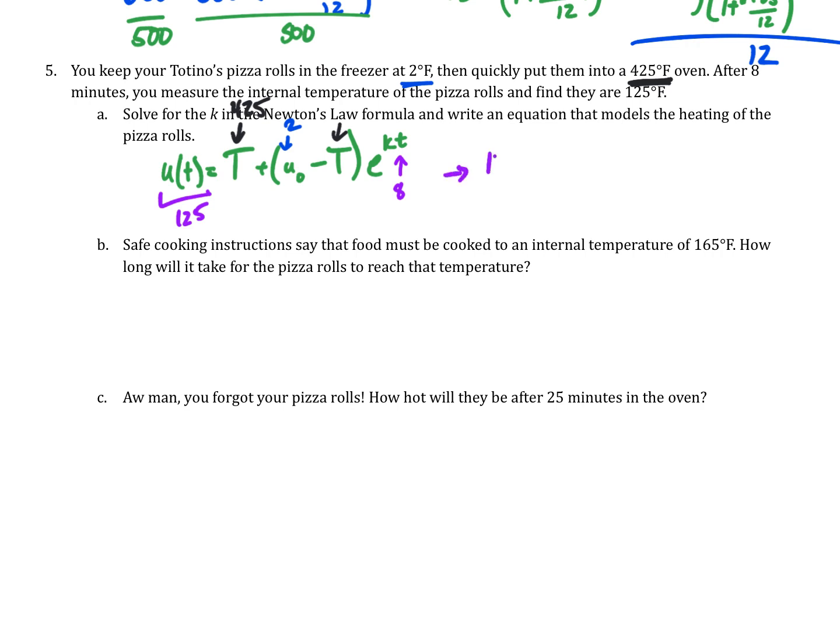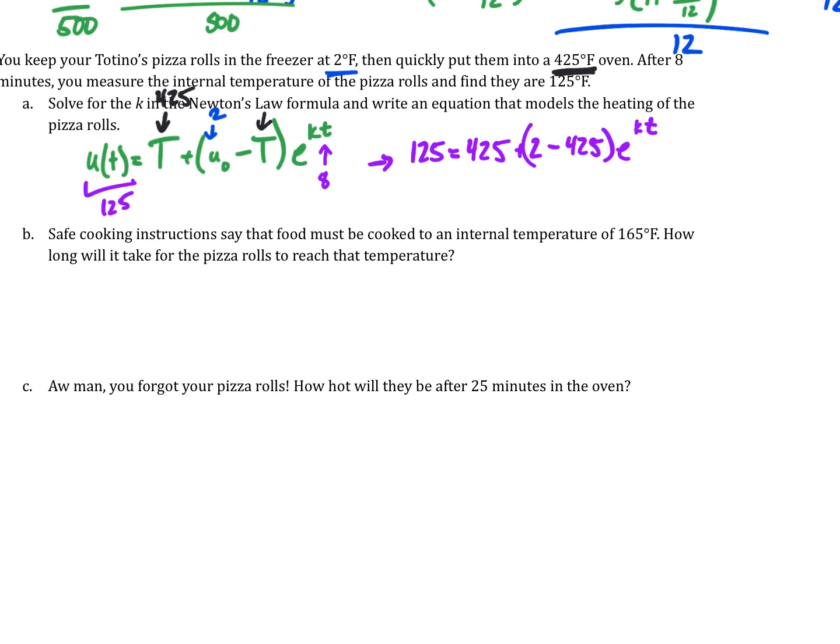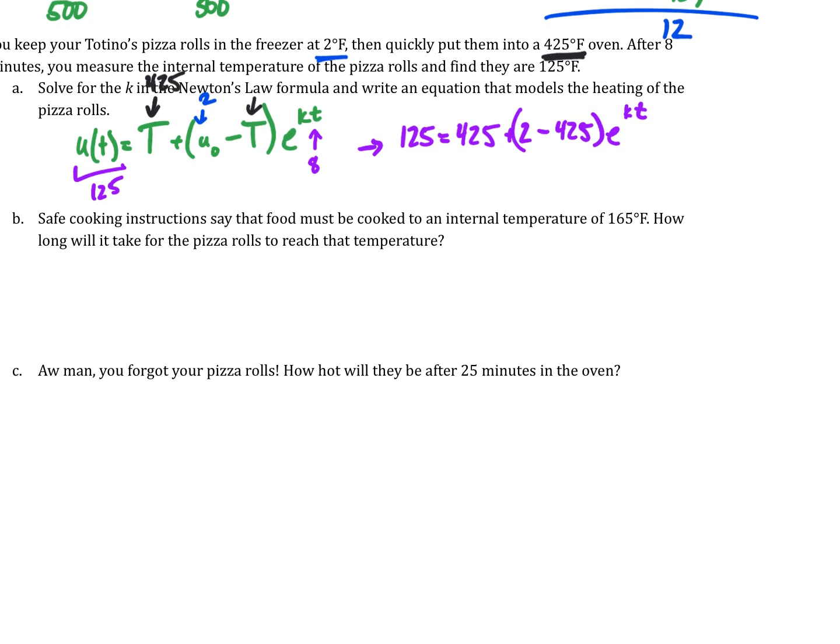So this gives me 125 equals 425 plus 2 minus 425 e to the kt. That negative is going to be what ends up flipping the function upside down so that it's warming to a horizontal asymptote instead of cooling to a horizontal asymptote.